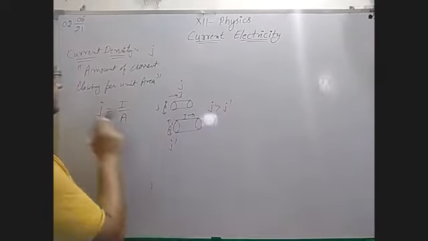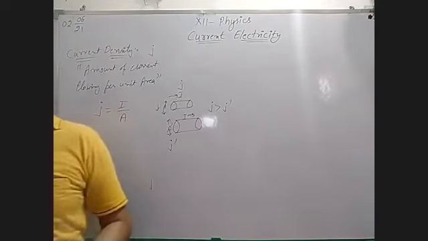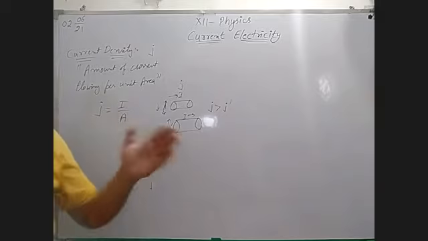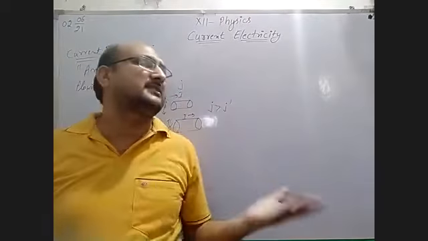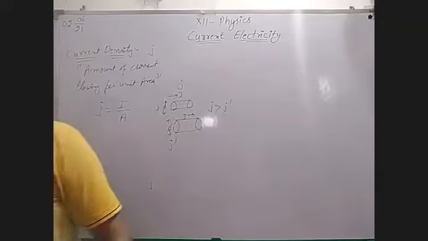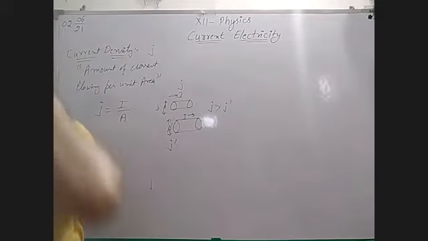Why? Because in the second, J dash is less. So if current flows through a small area, current density is high, and through a large area, current density is low.